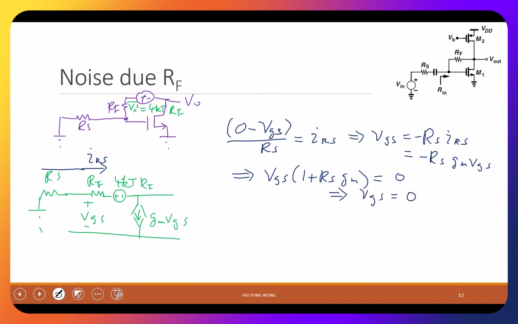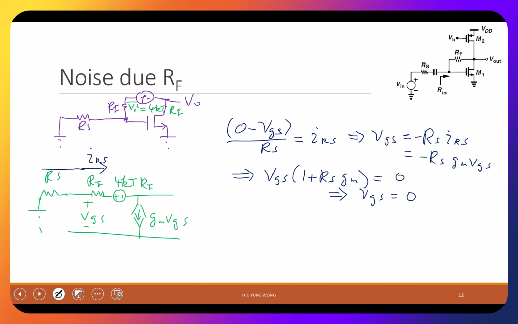So good. Then it means this point is 0, right? So if this point is 0, then your output voltage by itself is already at this point.